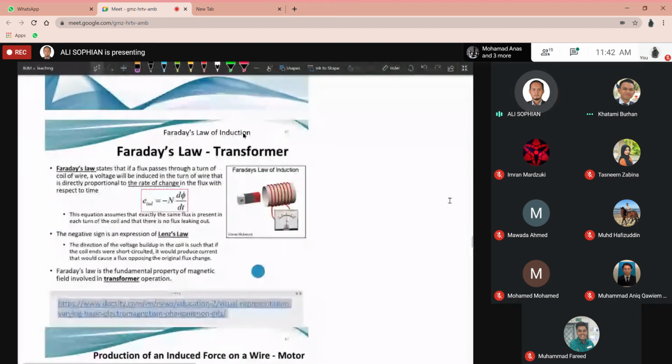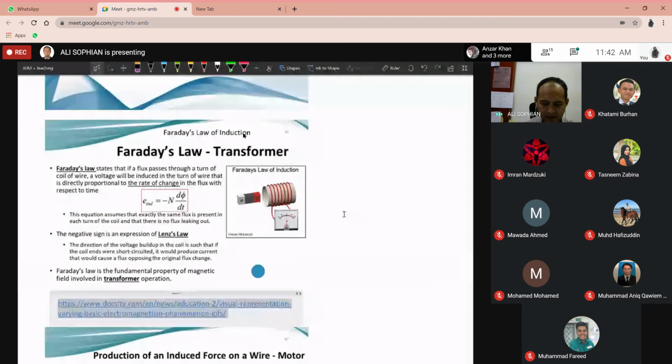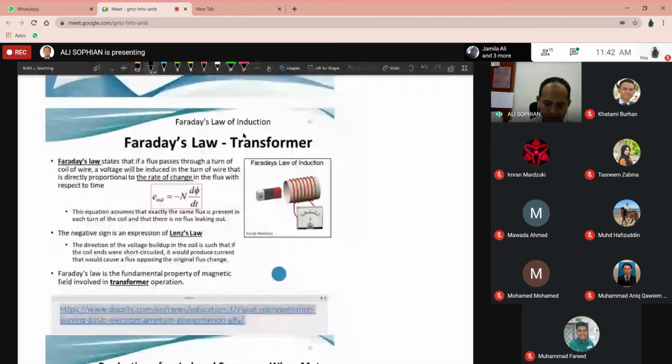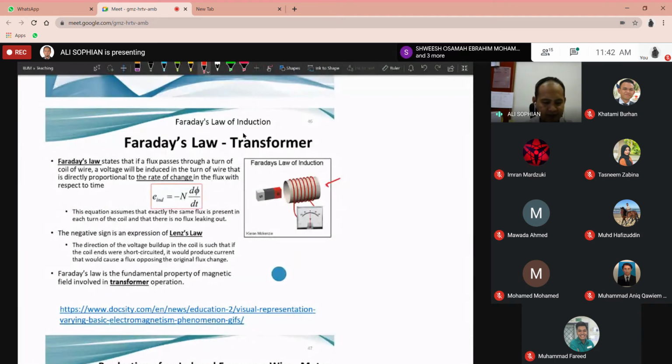Okay, let me repeat. Faraday's law states that if a flux passes through a turn of coil of wire, you can see the illustration here, a voltage will be induced in the turn of wire that is directly proportional to the rate of change in the flux with respect to time.